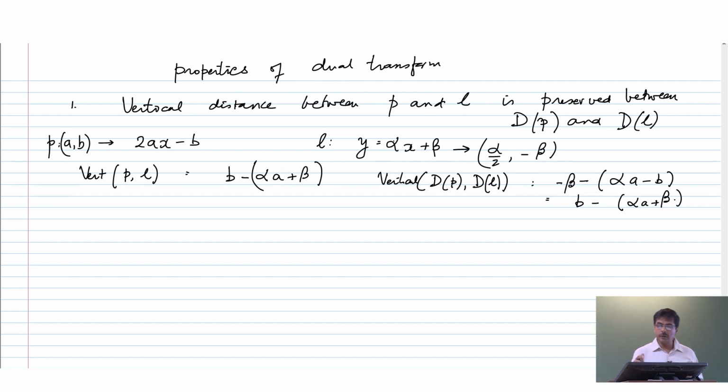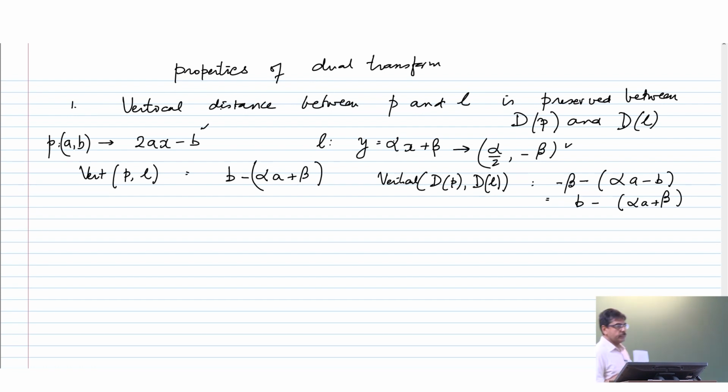So, I just substituted, now I am using this point, right. So, this point and this line. The distance between this point and that line is exactly the second expression. So, the vertical distance between the point and the line and between the duals remain the same.